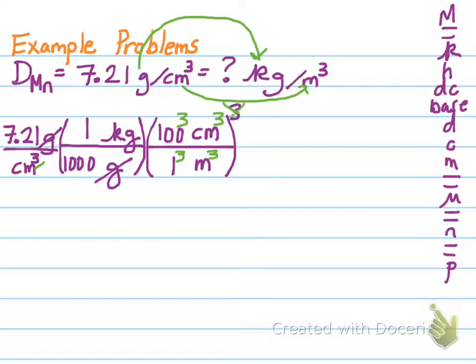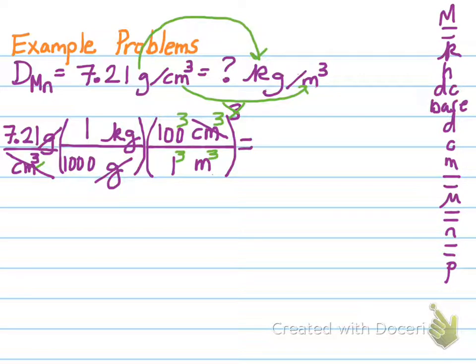Now I have cubic centimeters crossing out, and I'm left with units of kilograms per cubic meter, which is exactly what I want.